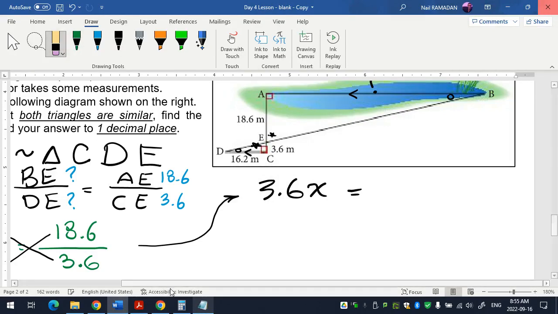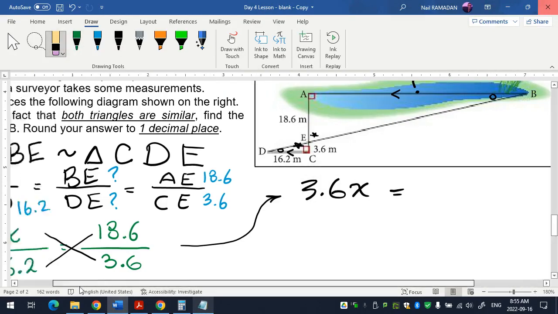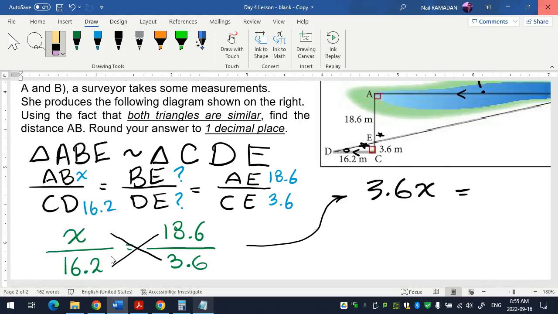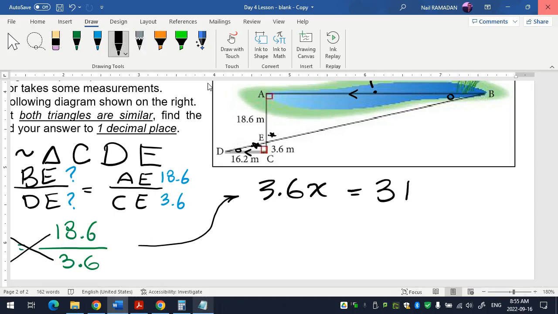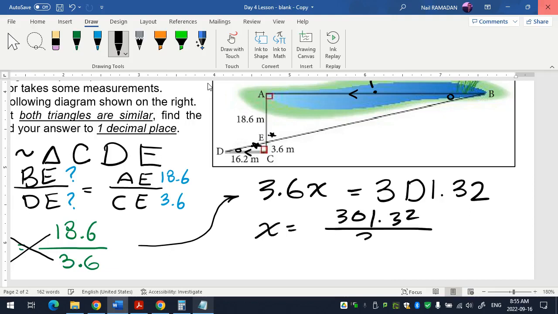Oh, no, no. You're right. 18.6 times 16.2 is like 300. Thank you. And then your final step is x equals 301.32 divided by 3.6. And you said the final answer was what? Yeah, you're right, in meters.